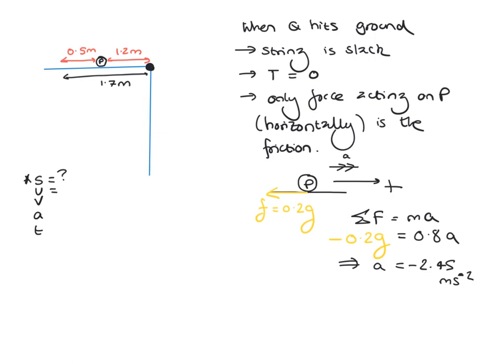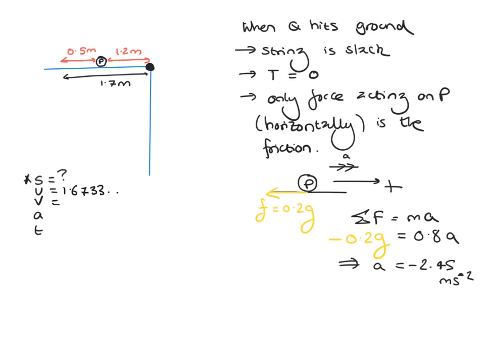Now, the starting velocity of P is the velocity with which P was travelling at the moment when Q hit the floor. And we know that because it's the same speed with which Q hit the floor, and we've calculated it previously. It's this value, 1.6733. Now, we're assuming that P will either come to a rest before it reaches the pulley, or it will hit the pulley. We don't know.